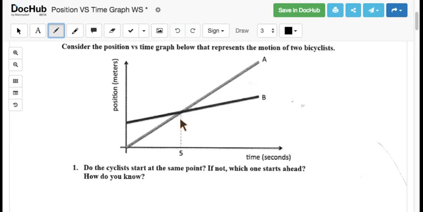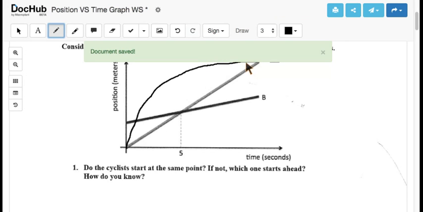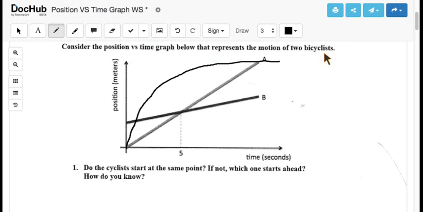If, let's say, he was traveling really fast at the beginning, it would be a steep slope. Then as he slows down, the slope is going to curve. And as he comes to a stop, the line would then go horizontal, right? So keep those things in mind when we're doing these problems.